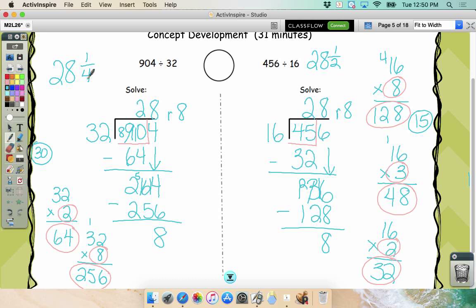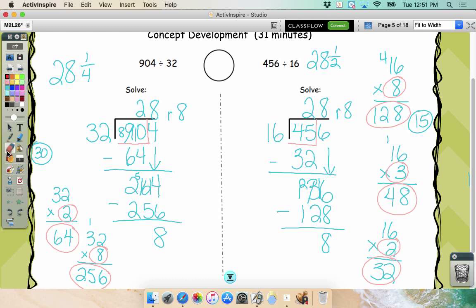What do you think this one is as a decimal? Henry? You're doing the other one. 28 1/4. I write that as a decimal. You want to say it? Yep. You got it. 0.25, right? Okay, so this would be 28.25.